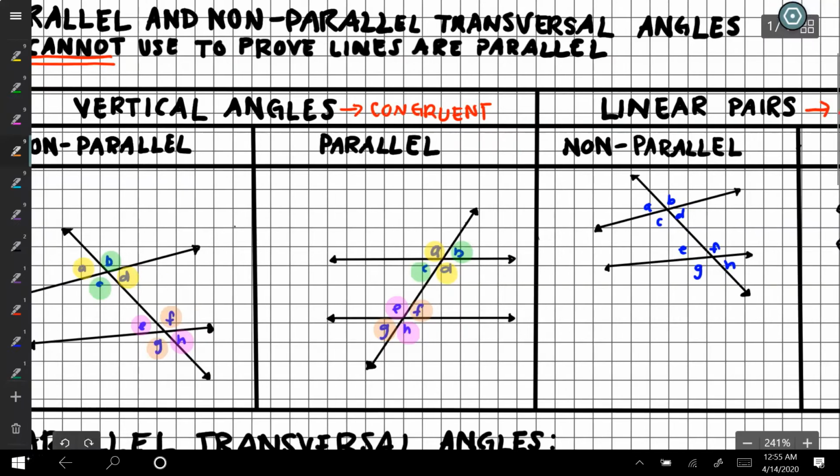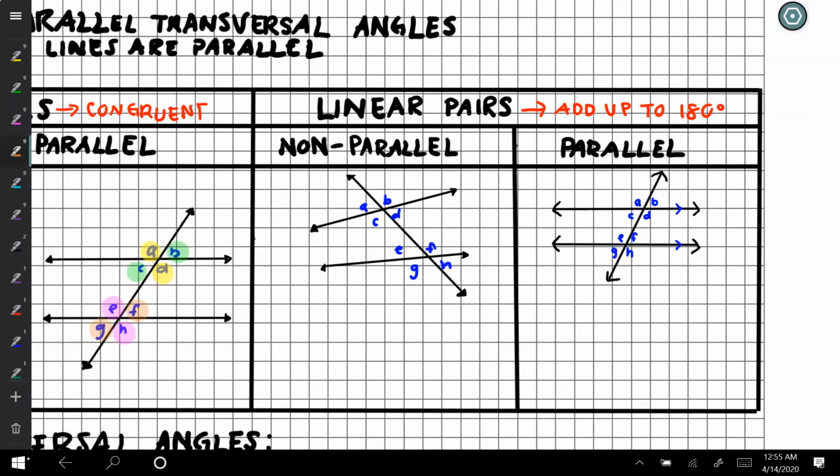Alright, now we're going to look at our linear pairs. Linear pairs are supplementary, which means they add up to 180 degrees. We have a lot of overlap here, so I'm not going to color them in, I'm going to list them.